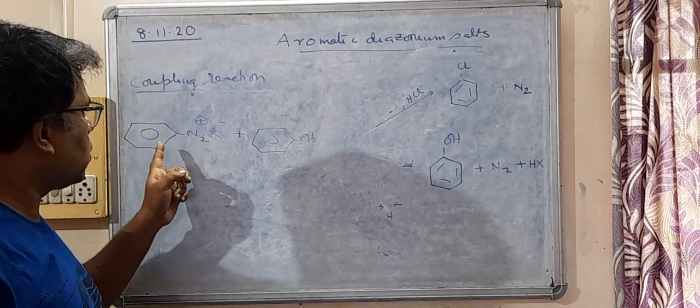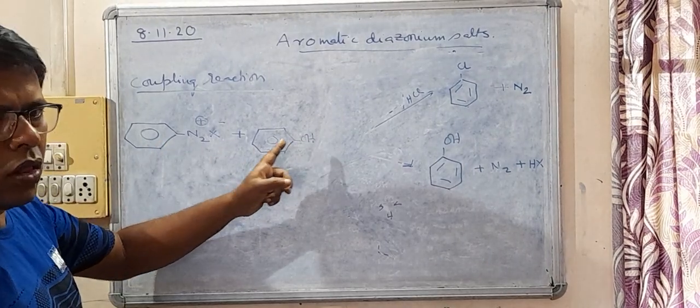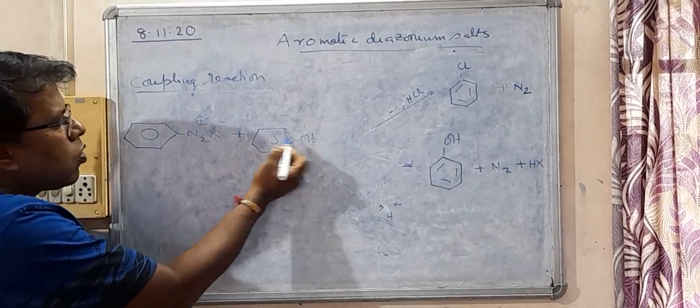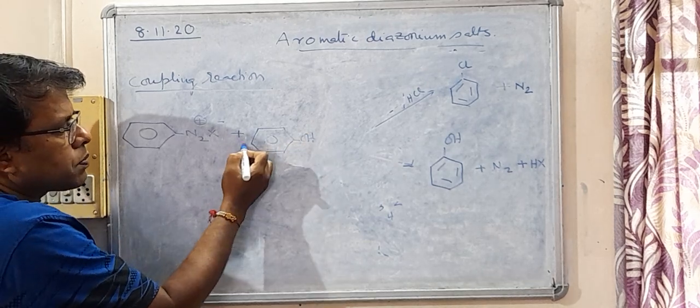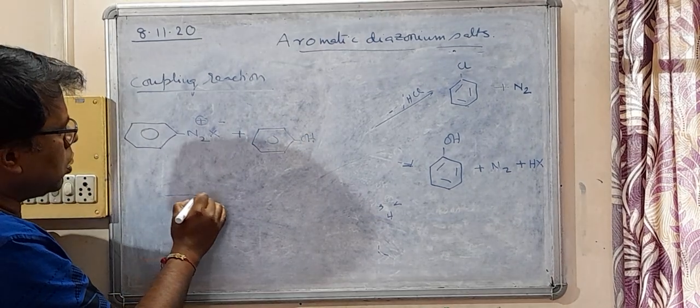So the aromatic diazonium salt plus phenol react at the para position with respect to the OH. So here we take the product.